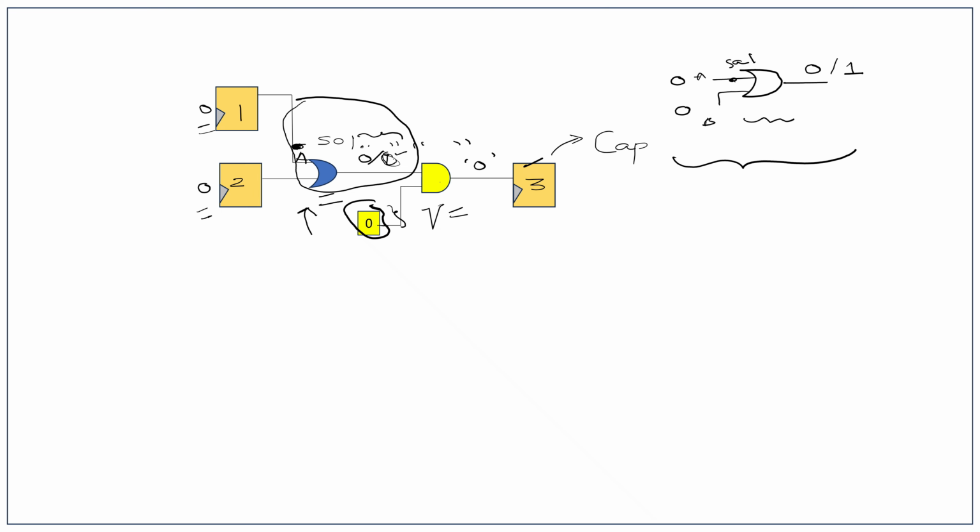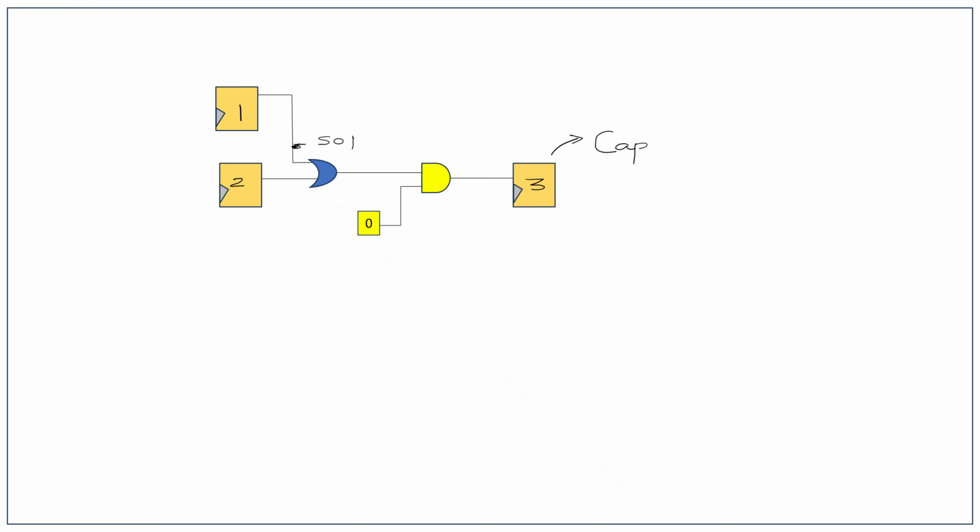So now we are stuck because the logic was like this. We are not able to test the OR gate. There is a requirement to introduce something so that we can get the coverage of it, right? So there comes a way.